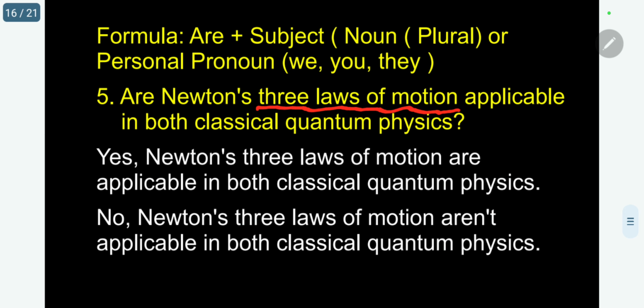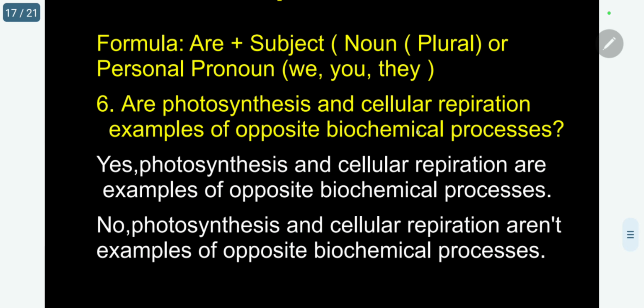If the answer is yes, Newton's three laws of motion are applicable in both classical and quantum mechanics. Actually, logically, this is correct. For the answer's sake, no, Newton's three laws of motion aren't applicable in both classical and quantum physics. Please follow. Next question. Question number 6.